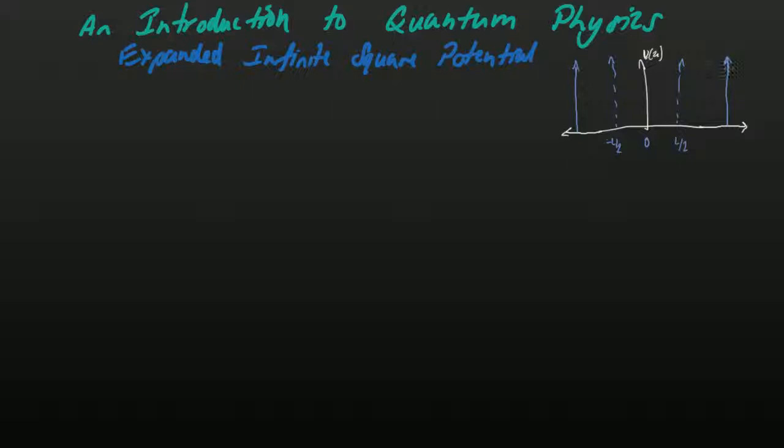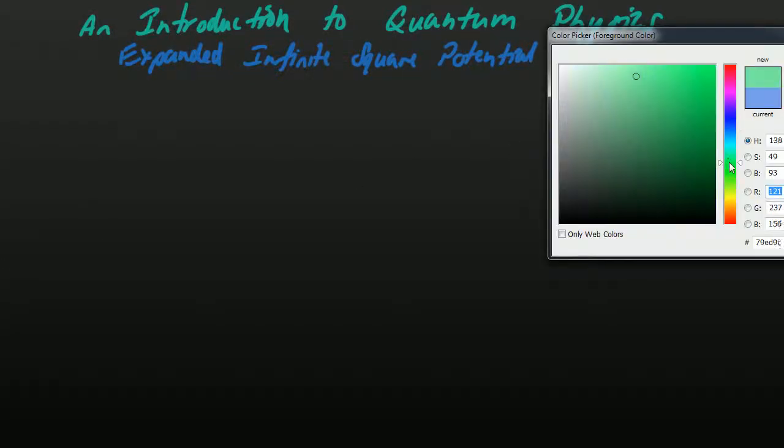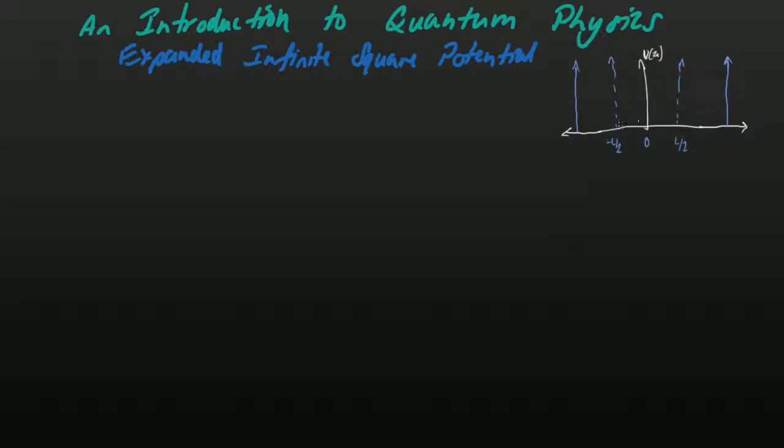So say a particle was originally prepared in the ground state, and so it looks like this, and we expanded the potential well sufficiently fast enough to not change this wave function, and then we go to measure it. So what is the probability of it being in one of the new states, say the ground state of the new well, or the first excited state, and so on?